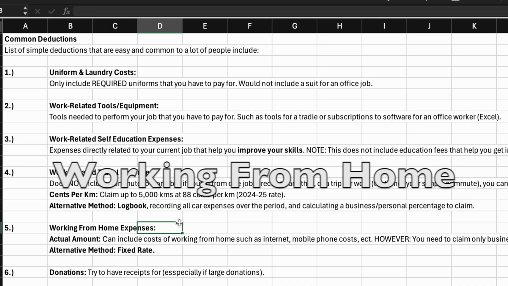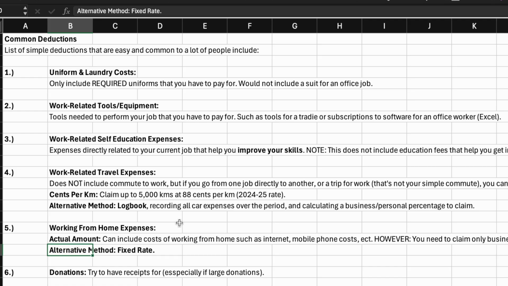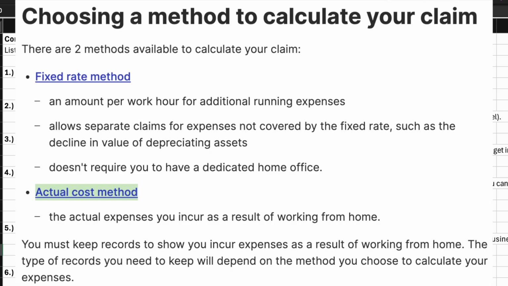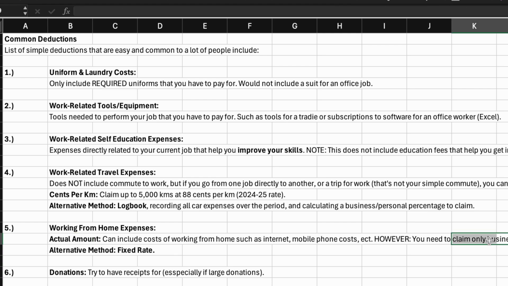Next up, we have working from home expenses. Again, you have two methods. You have the fixed rate, which I won't focus on in this video, but again, you can go to the website and have a look, or you can just use the actual amounts. So say you work from home and you have expenses such as your internet or your mobile phone costs. You can claim those on your taxes. However, the important thing with this one is you have to claim only the business percentage.